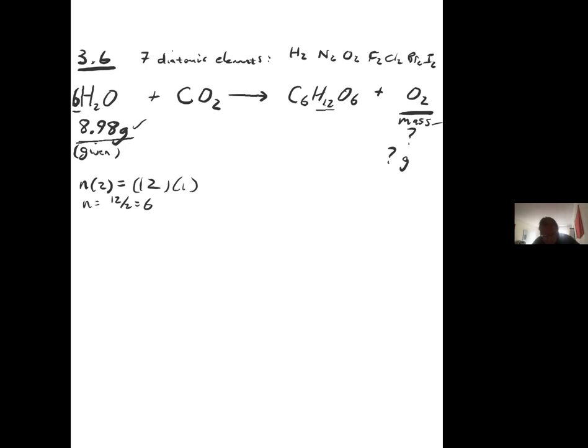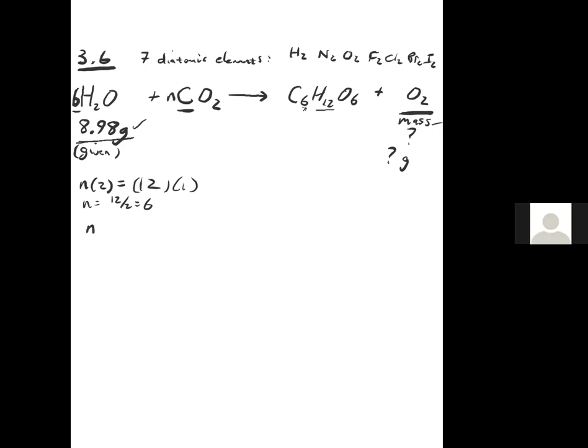So that's the hydrogen. Next one, again, don't do oxygen, do the carbon because we want to save the oxygen for last. There's 1 over here, there's 6 over there. So there's more over here, which means we're going to multiply this by some number.